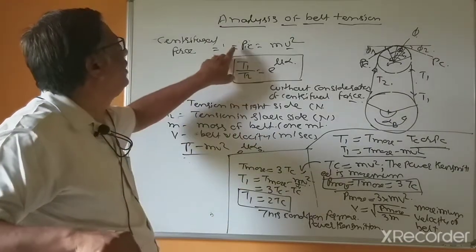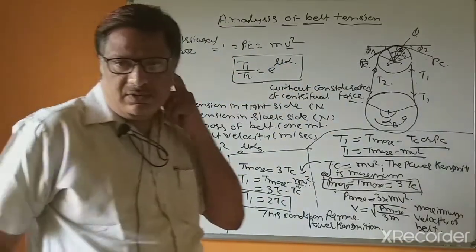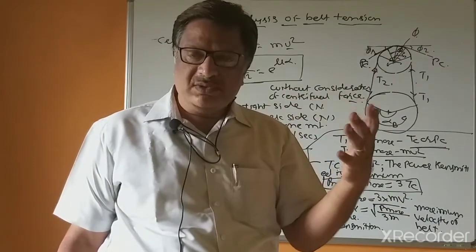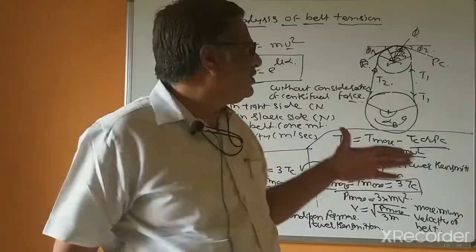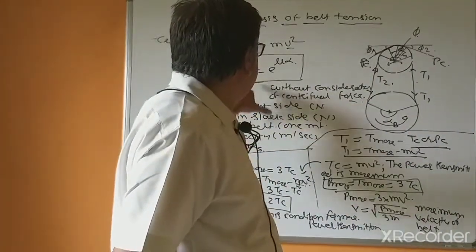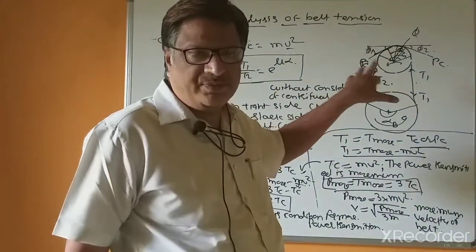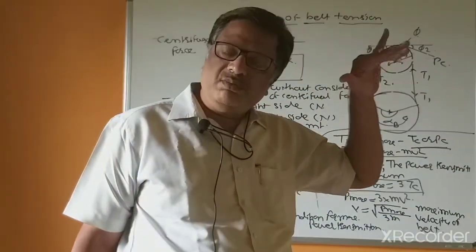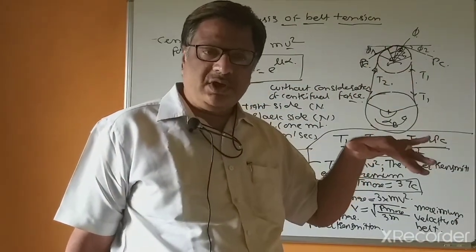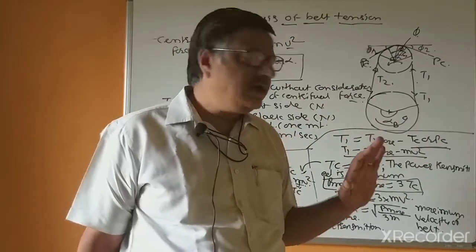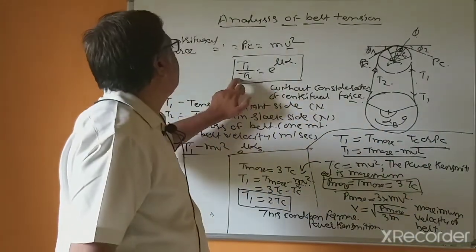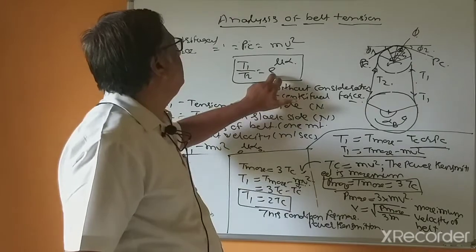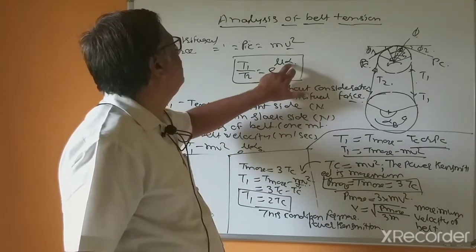So this is if the velocity of the belt is greater than 10 meter per second. So that's why you can consider T1 minus mv squares divided by T2. Otherwise, if the belt velocity is less than 10 meter per second, you can neglect it and directly use this formula T1 divided by T2 equal to e to the power mu into alpha.